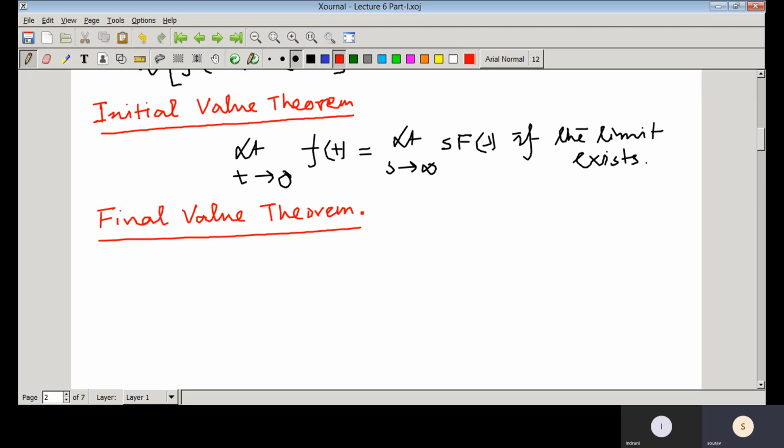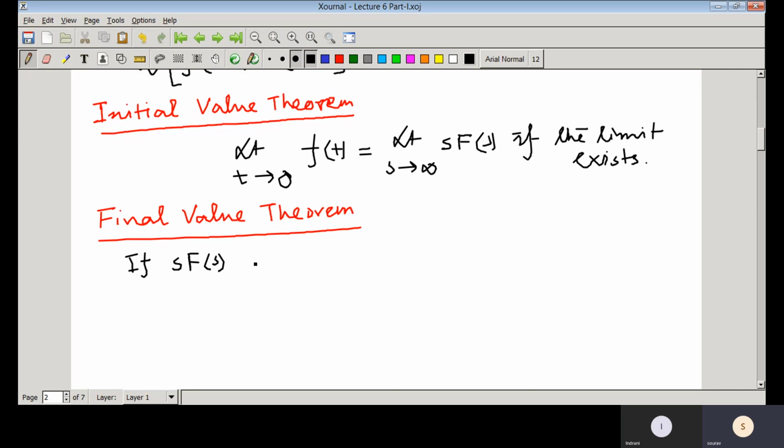If a function is given to you and you blindly apply the final value theorem, you will get a result, but that result is not correct. So for the final value theorem, you need to first check whether sF(s) is analytic or not.